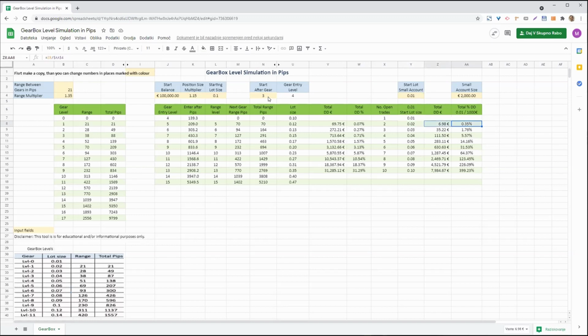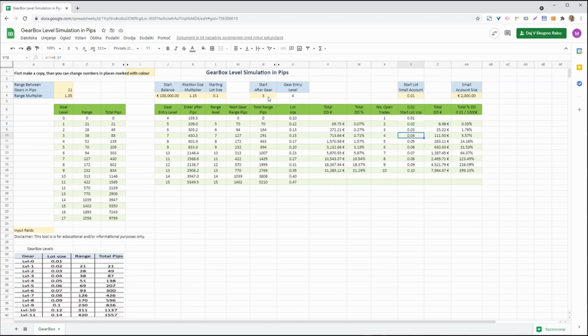So this is how high the drawdown will be when the next trade opens. When the next lot, 0.3, is opened, the drawdown at that start will be 1.67%. And so on.